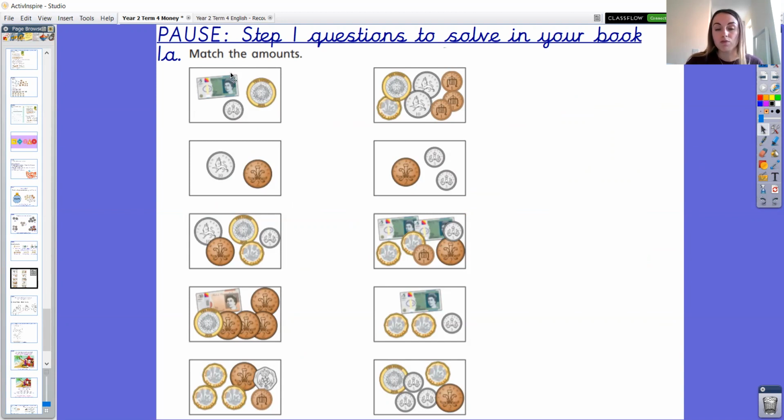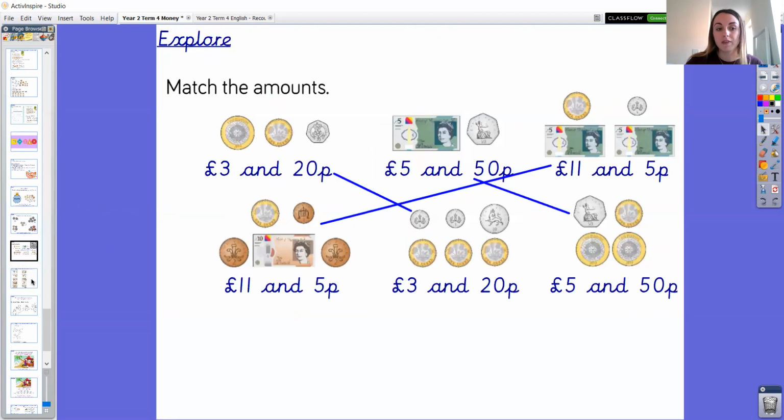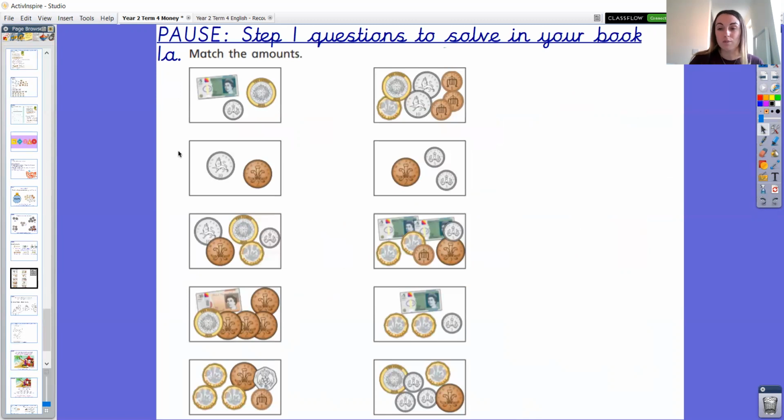And then what you could do is write the amount of money, just like I modelled here, and then you could draw lines to match them up in your book. So please pause the video here to solve step 1A. Well done year 2. I'm really proud of you for flying high this morning.